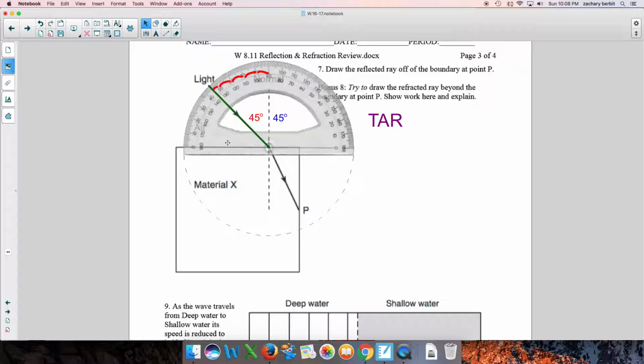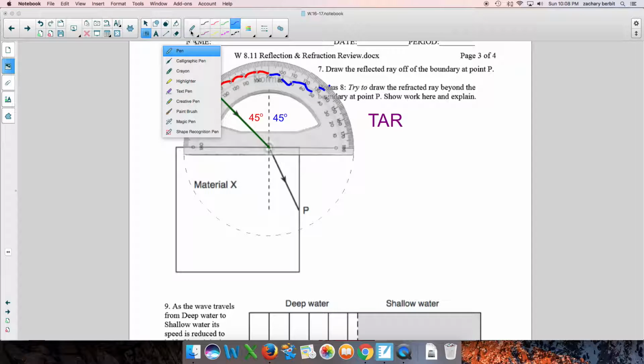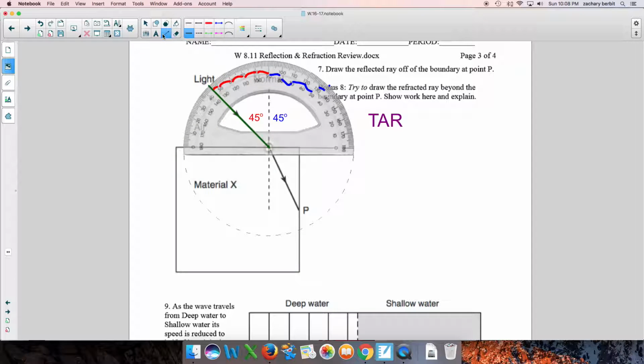So it comes in, bounce, goes out. It goes out at 45 degrees. So let's count 10, 20, 30, 40, 45. Put a little dot up here at 45. And then finally, we can draw our arrow.